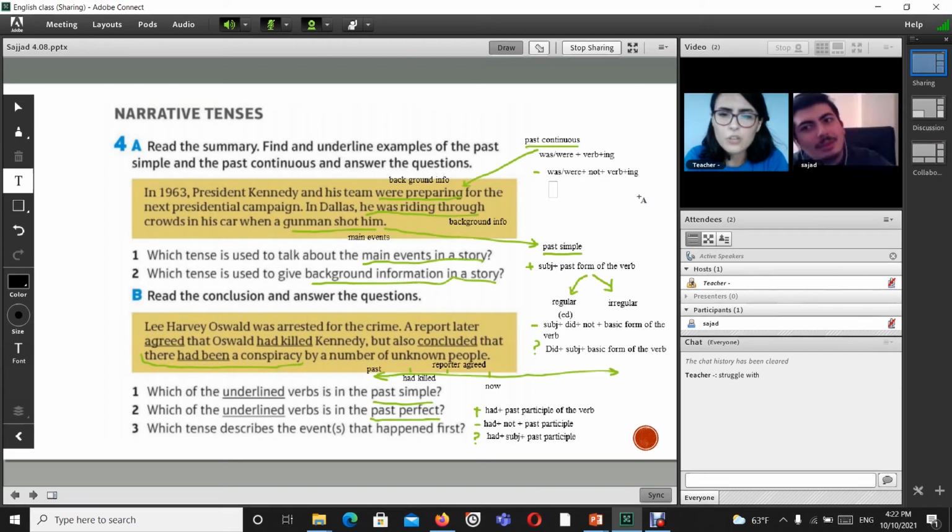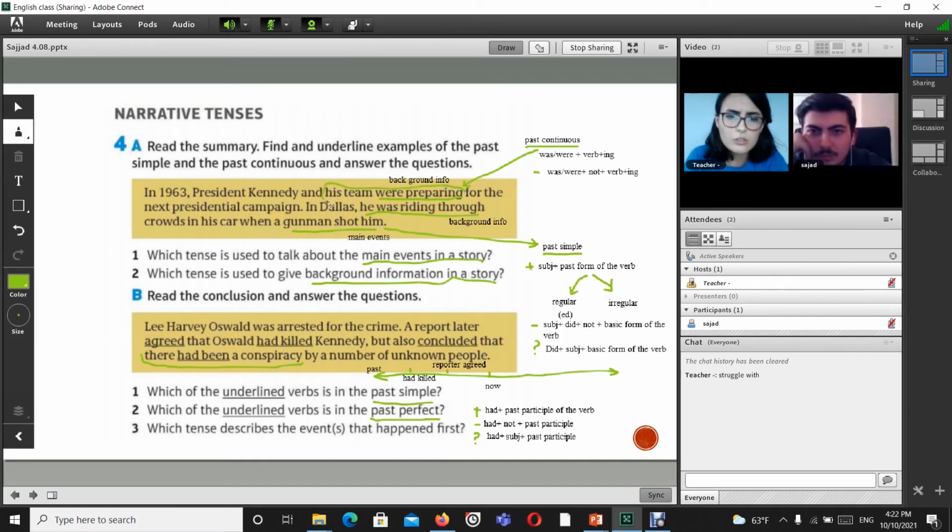Think more, Sajjad. Why are you using is? Is the sentence in the present form or past form? You already have a to be verb. We must use, I think, did. No.